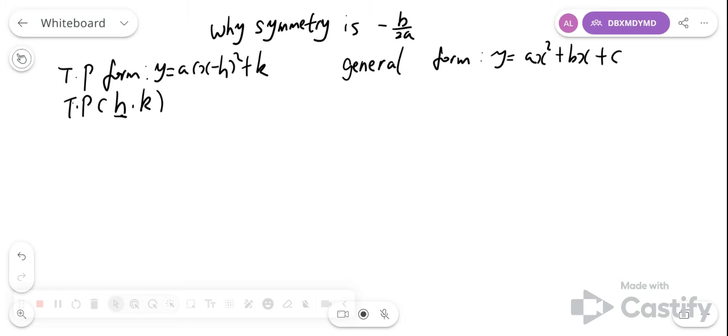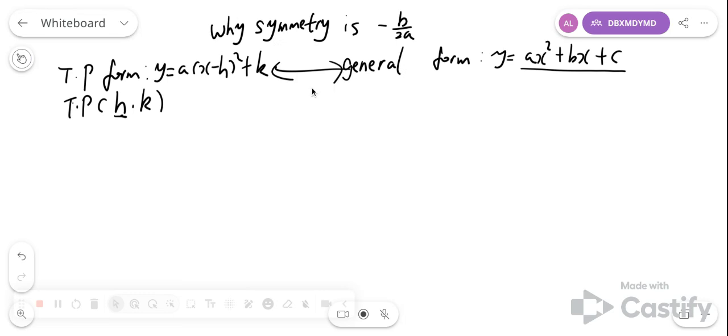It doesn't matter whether you were in the advanced program or the general program, we definitely touched this already. If I expand the bracket when we have a square outside, that is something we call a perfect square. You can see these have nothing alike with the perfect square, but if I can make this back into the perfect square, then I can make the general form somehow related to the turning point form.